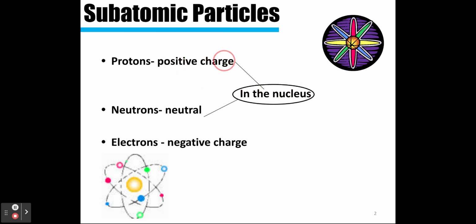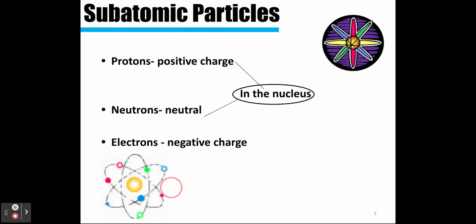So this video and other videos that I'll be covering on nuclear chemistry are going to focus on these particles in the nucleus, the protons and the neutrons. And then, of course, we have the electrons, which are negative in charge. So electricity, negative charge. Those are on the outside of the atom.